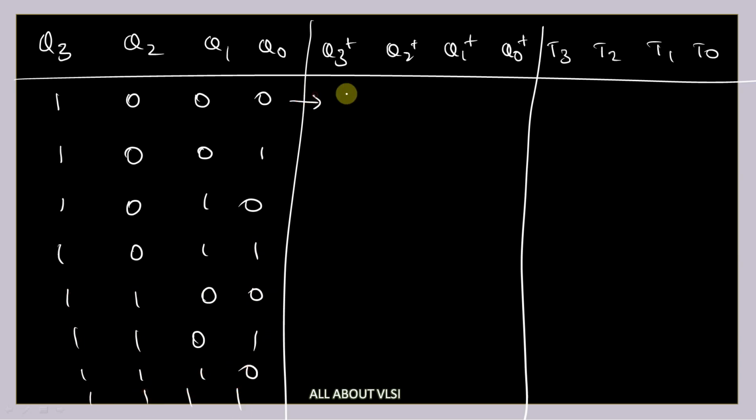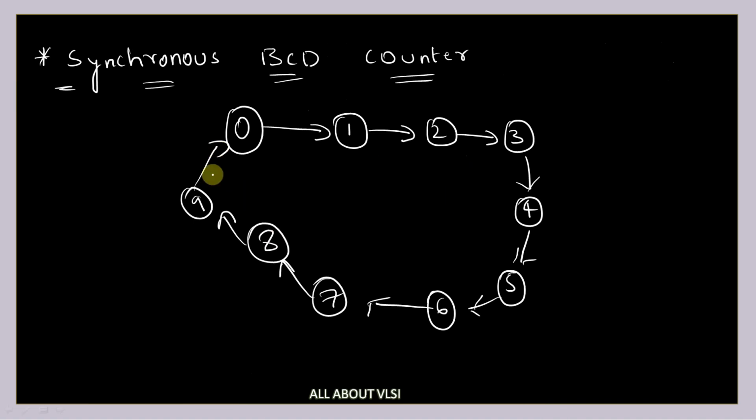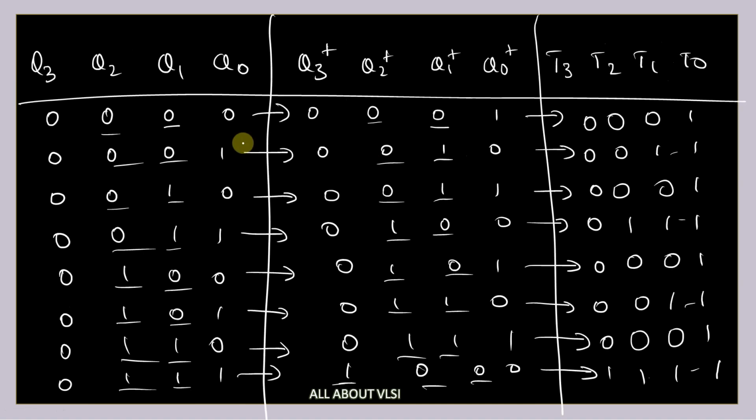This is my 8 and 9, and after 9 we will go to 0. By looking at the state diagram I can see that after 9 I am going to go to 0.